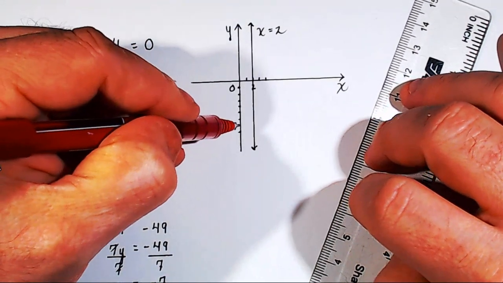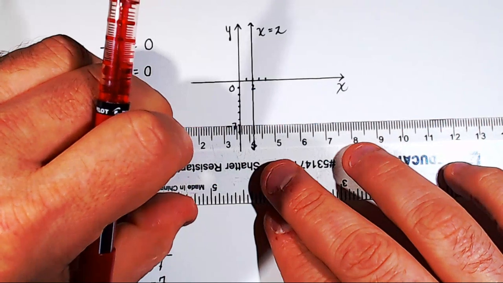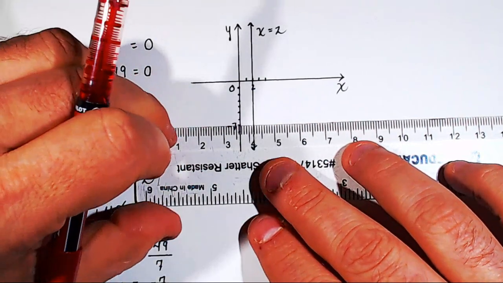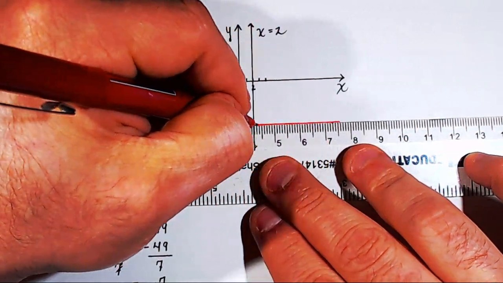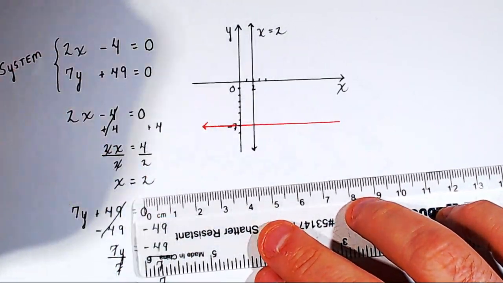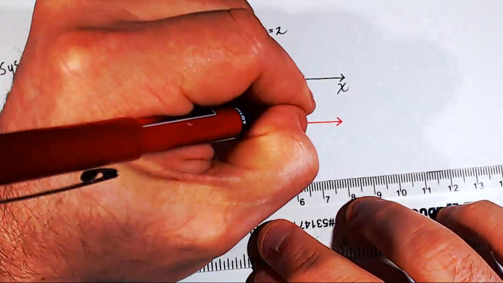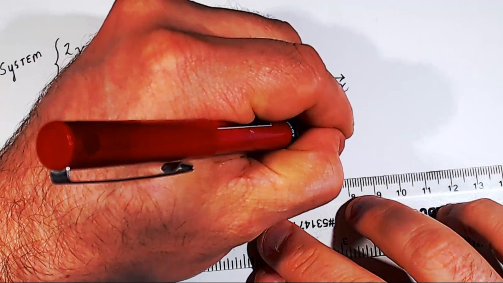So let's just graph this here. Right at -7, the slope is 0, so you draw a perfectly horizontal line right here. And this line is labeled y equals -7.